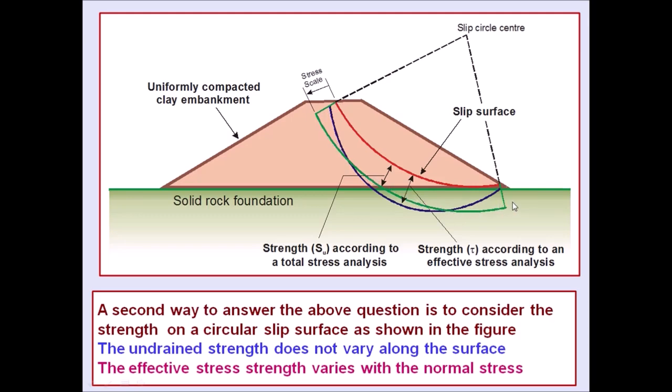Whereas if we did it in terms of effective stress, we would generally find that the effective stress here and here, where the total stress is very low, is much less than the value of effective stress at the middle here, where the total stress is much higher. So our strength profile is likely to be quite different when we do our analysis in terms of effective stress compared to doing it in terms of total stress.